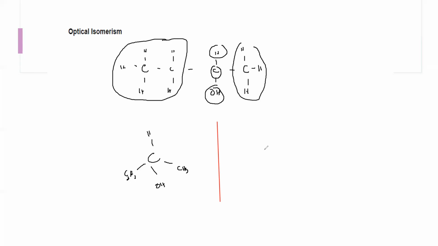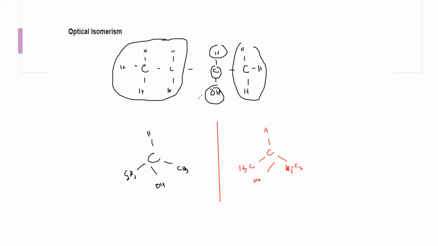We have the central carbon, hydrogen up, then CH3, so it will be H3C on the opposite side, then HO, and then C2H5, so H5C2. So these two are mirror images of each other, which are also known as enantiomers.